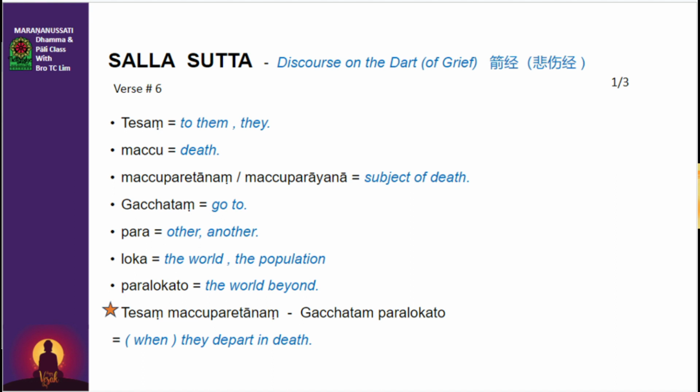Gachatang, from gachati, to go. Para is other or another. Loka means the world. Paralokato means from the world beyond. So tesang machu parayanang gachatang paralokato means when they depart in death. When they go in death, when they say bye-bye. So when they depart in death, that's what it means.